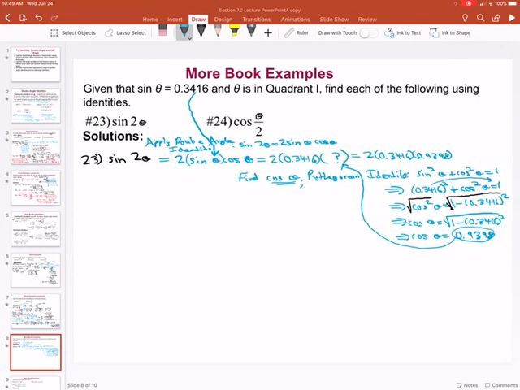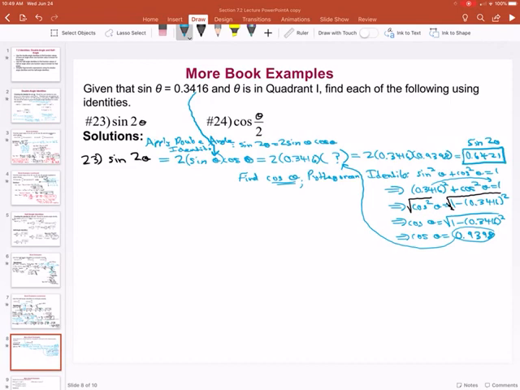And you can put that in your calculator, and if you type that in, you're going to get 0.6421 rounded to 4 decimal places. So there's my function value. Here's the sine of 2 theta.